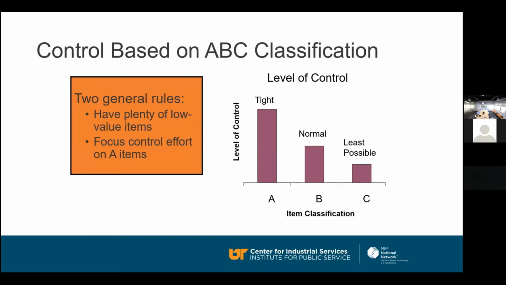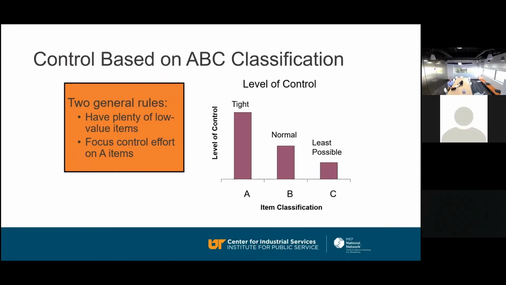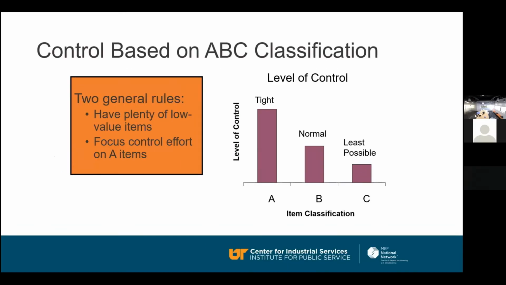And in attacking them, it's based on control, based on that classification. You're going to have plenty of low value items, and you're going to focus your control on the A items, the ones that have the higher value. That's a general rule. Now, I don't know what type of control is on that.